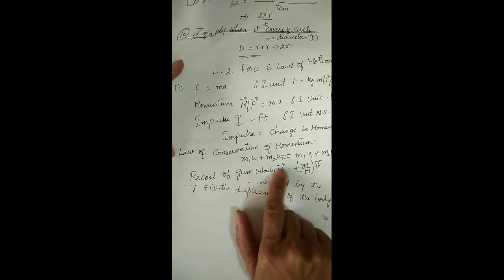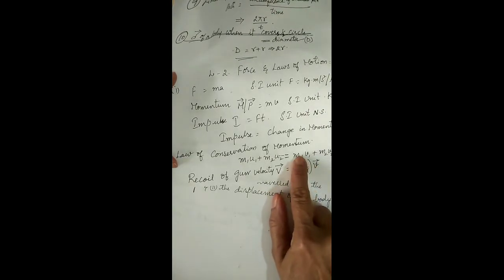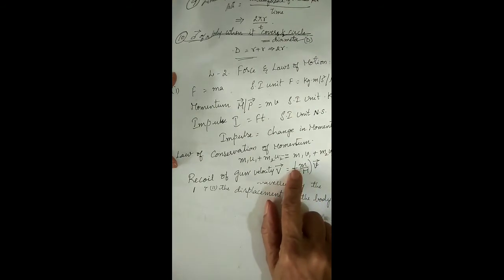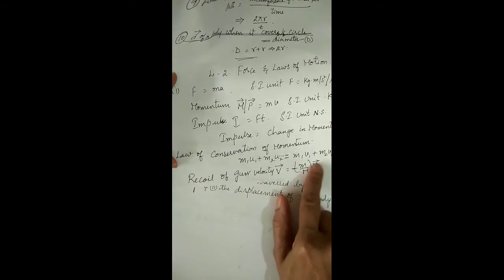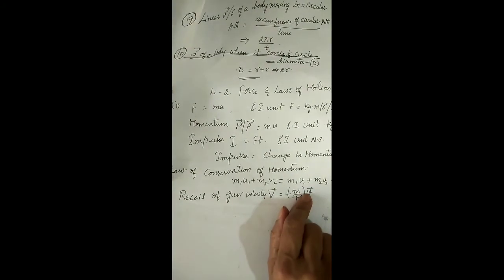Then coming to the recoil velocity of a gun, capital V is equal to minus small m by capital M into v, that is bullet mass by mass of the gun into bullet velocity. You will get the recoil velocity of the gun.